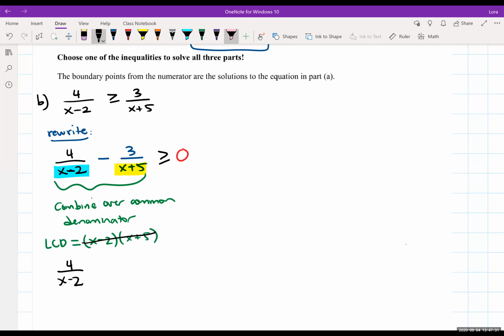So right now, I see that it has an x minus 2 to begin with. The x minus 2 is going to need an x plus 5. So I'm going to have to multiply the denominator by x plus 5. And then remember, when you are using fractions and you multiply the denominator by x plus 5, you have to also multiply the numerator by the same thing.